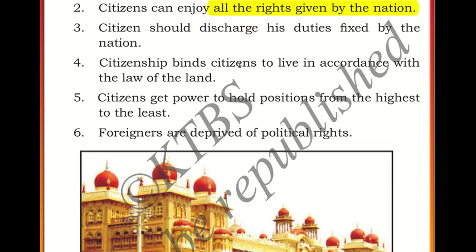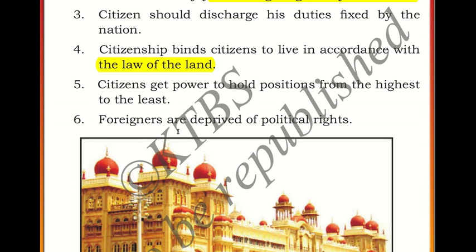Citizenship binds citizens to live in accordance with the law of the land, as described by the Constitution in case of India. Citizens get power to hold positions from the highest to the least. So in the administrative setup of India, only citizens of India get to hold power and positions. Foreigners are deprived of political rights.